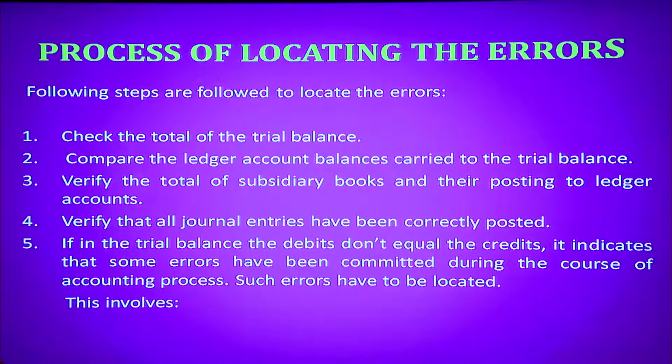Fifth, if in the trial balance the debits are not equal to the credits, it indicates that some errors have been committed during the course of the accounting process. So, these errors have to be located.